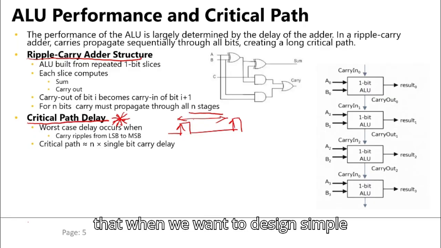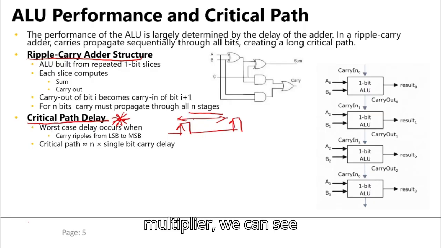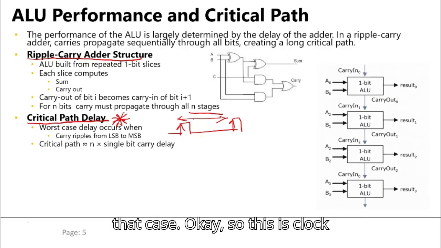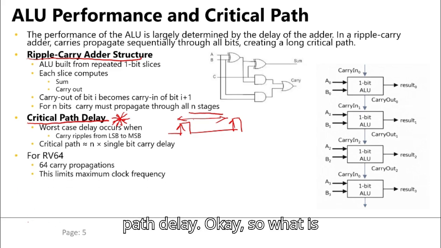We're going to see that when we design a simple multiplier, and how important the clock is in that case. So the clock cycle comes from the critical path delay. So what is the solution?